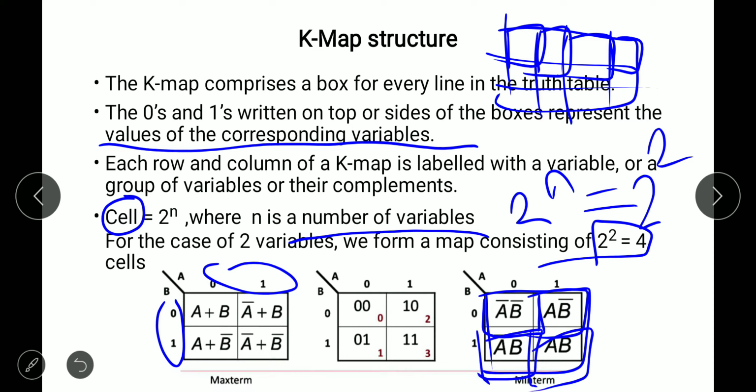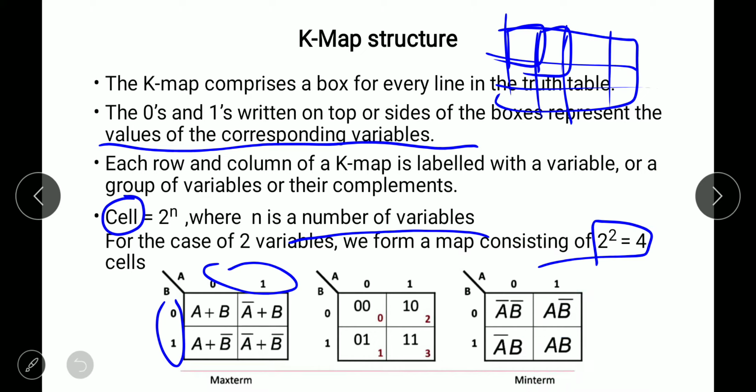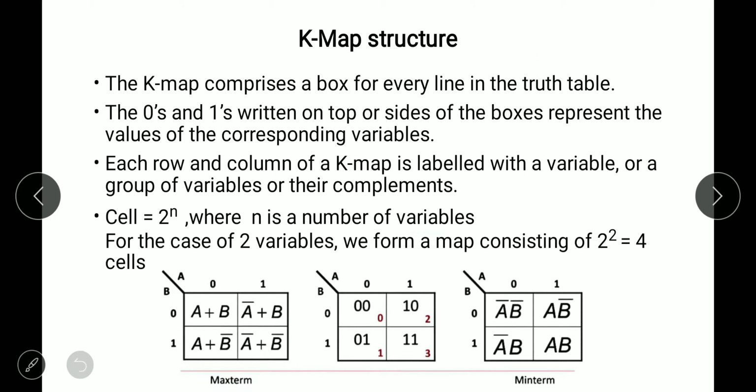If the inputs are 3 variables, then the cells are 8, since 2 cubed is 8. Here the 0 and 1 written on the top and sides of the boxes represent the values of the corresponding variables.